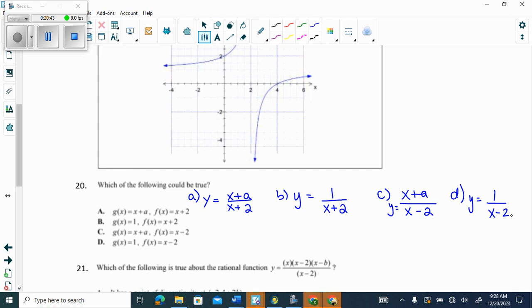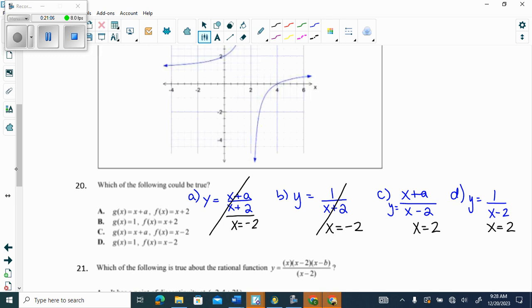All right. So this one has a vertical asymptote where? X equals -2. So that's wrong, I need 2. This one is x equals -2. This one is x equals 2. This one's x equals 2. So I'm in some order of this statement here.